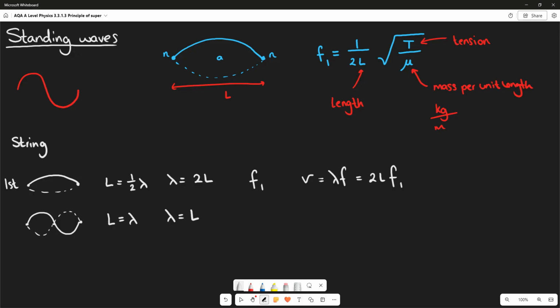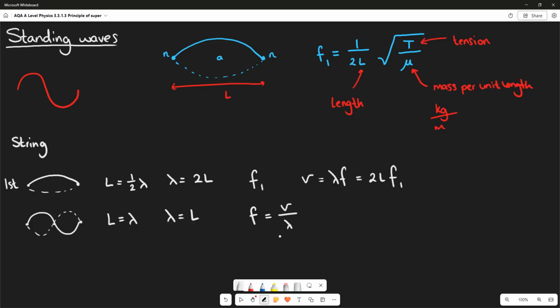So the wavelength is just the length of the string. The frequency of this standing wave is going to be given by the velocity divided by the wavelength. Now, it may be that this is the second harmonic, but we need to work out if that's correct or not, because it's not always the case.